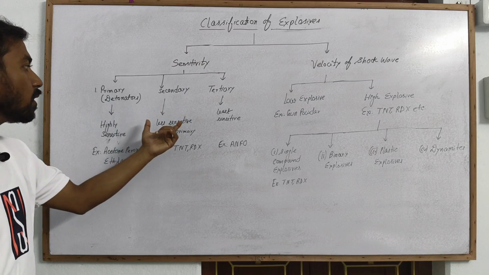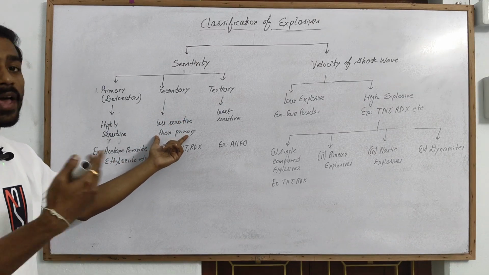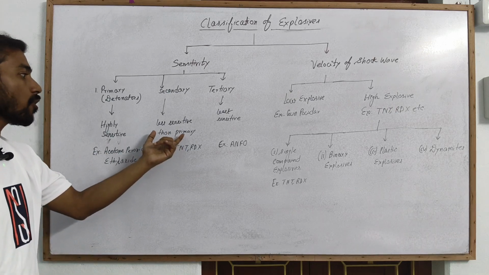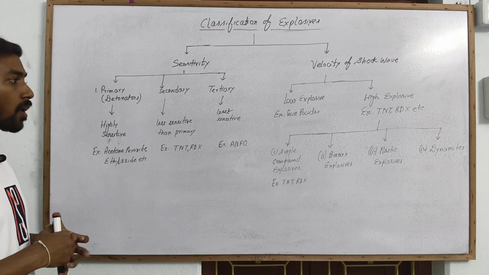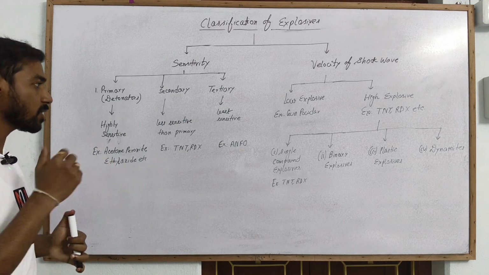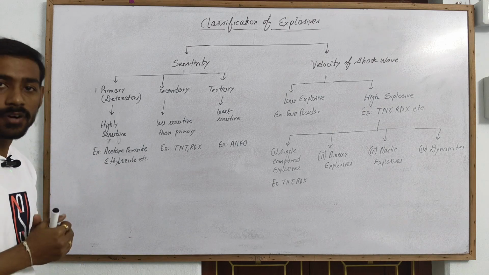Now coming to the secondary explosives. These are less sensitive than primary explosives to the action of heat, pressure, friction, radiation, etc. to initiate the explosive. As they are less sensitive, they can be used widely in different applications.